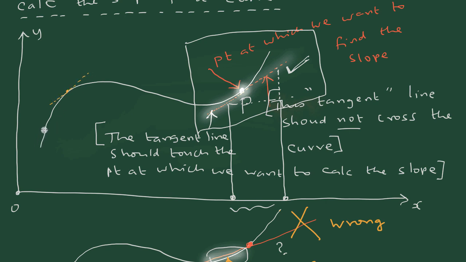If you want to find the tangent at this point, then you have to draw the tangent like this. If you want to find the slope at this point, then you have to draw the tangent like this. Like this, you have to keep on changing. If you want to find the slope at this point, you have to draw the tangent like this. Like this you have to draw.